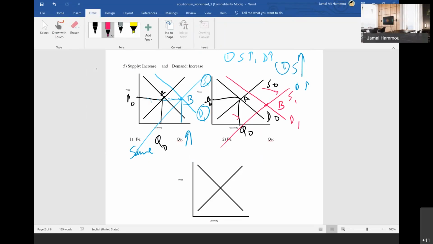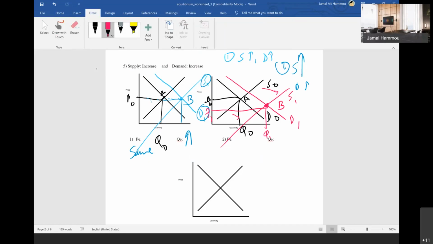When the dust settles, it's not like the market will jump straight from A to B, but we'll have a lot of things going on, a lot of movements. Then at the end, in the long term, we'll settle at the equilibrium of B. Now at B, we have a new price, P1, Q1. And I ask, what happened to the price when I moved from A to B?